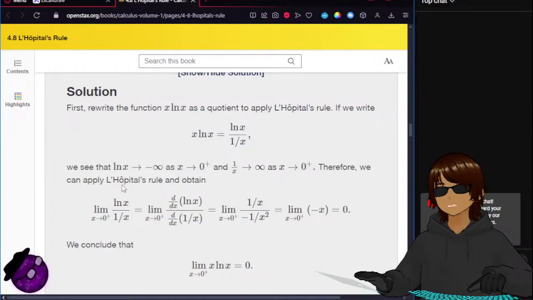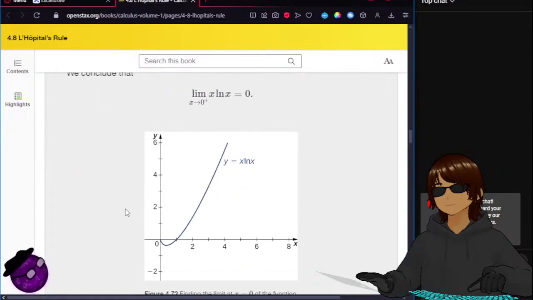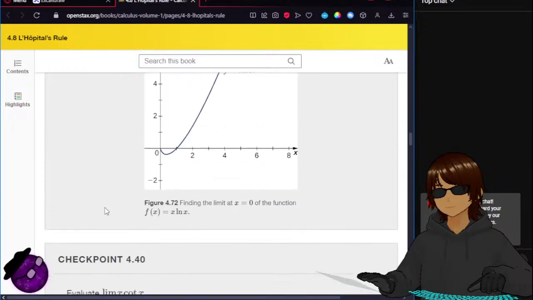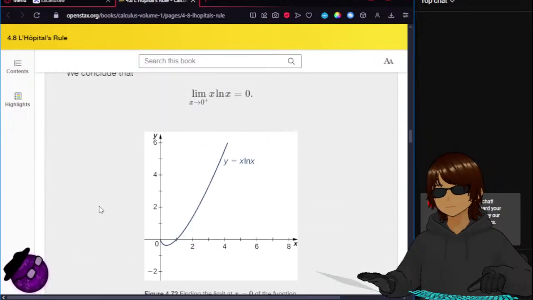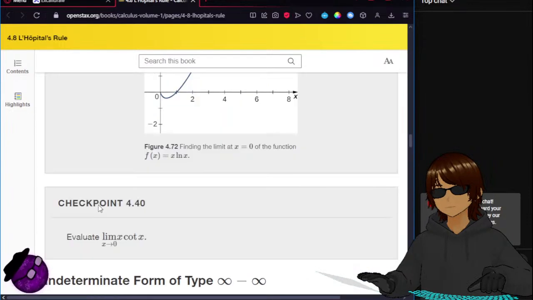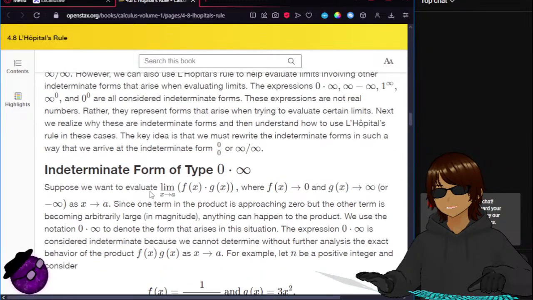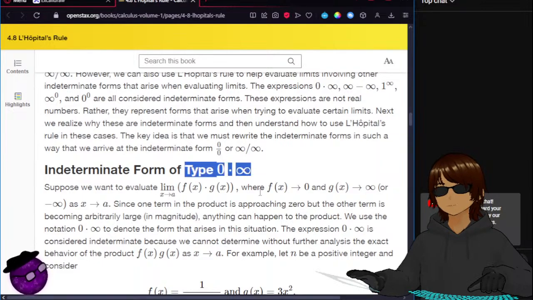Therefore, we can apply L'Hopital's rule and we conclude that the limit is 0. So basically we do the inverse of this and then we check which form it is.